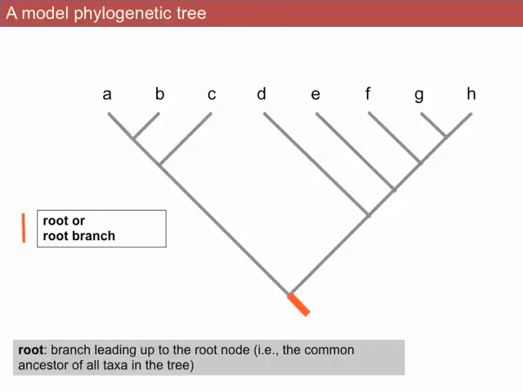It's the branch leading up to the root node, and it's the branch leading up to the most recent common ancestor of all the taxa in the tree. And anywhere along that root branch exist common ancestors of everything that you are looking at on the tree. Again, when it gets up to the point of the root node, those are the most recent common ancestors of everything in the tree.